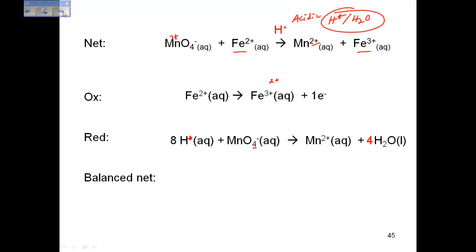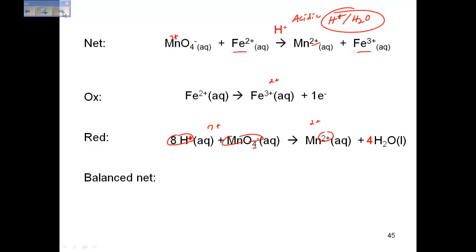Let's talk about the reduction. I have 8 pluses with the hydrogen, and I have 1 minus with the permanganate. That's a total of 7+. On the product side, I have 2+ from the manganese, and water has 0, so we have 2+.